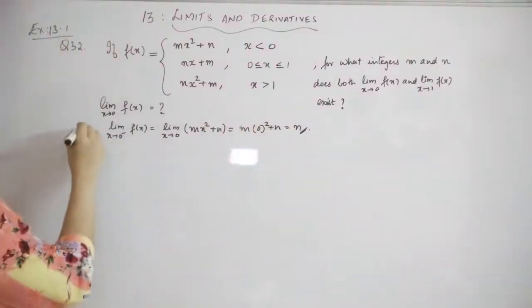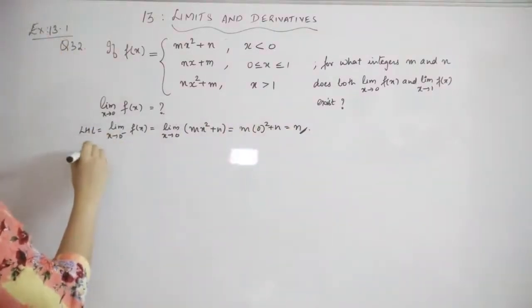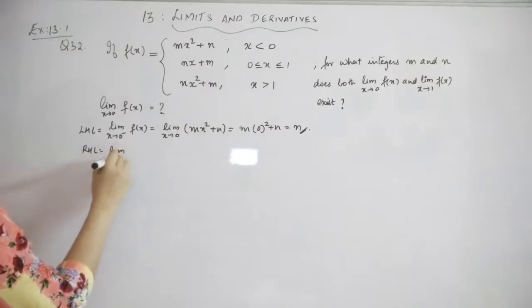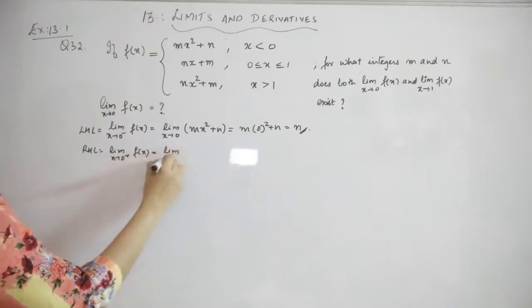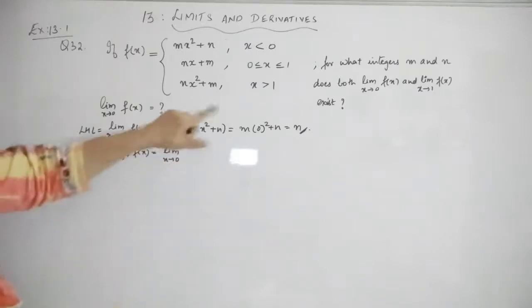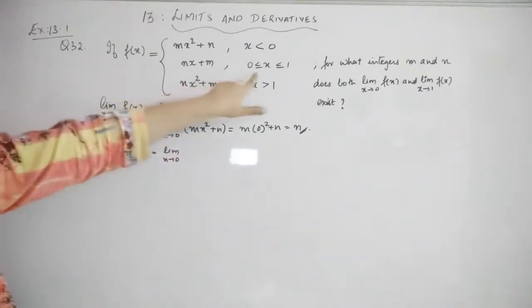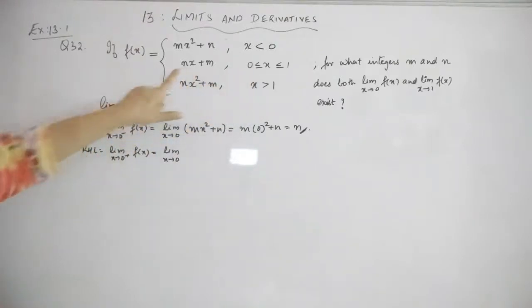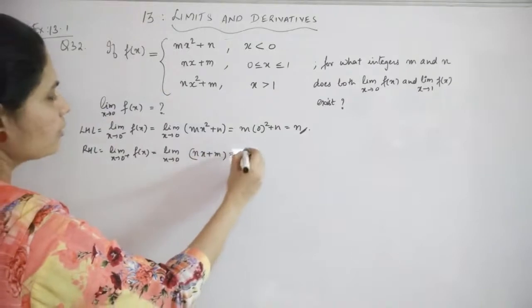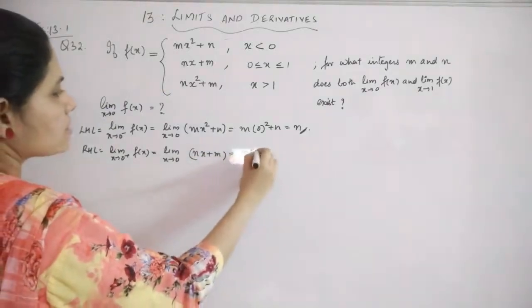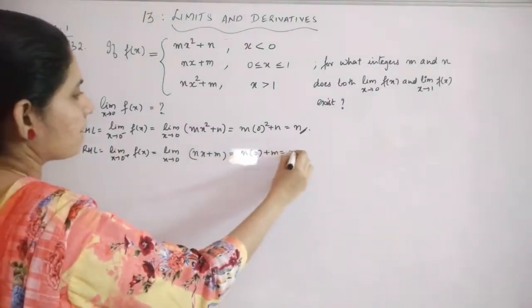Now for the right limit, so this is your LHL. For the right hand limit, you will get limit x tends to 0 plus f of x, where the value is greater than 0. Here it is greater than 0, so you can choose nx plus m as the function value and replace x with 0 here, so that you will get m.